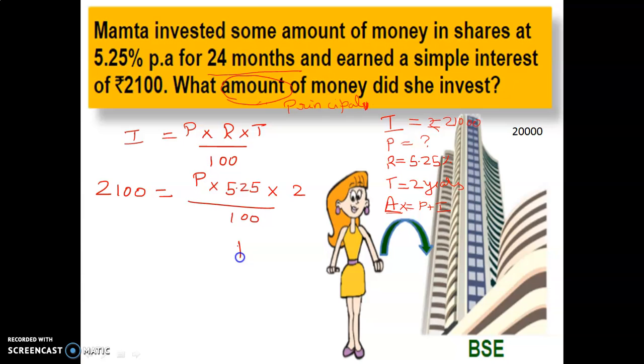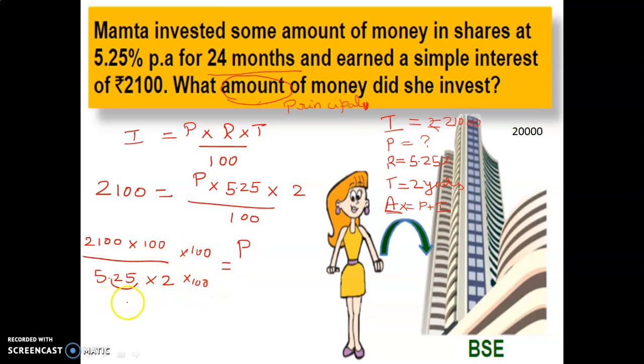So let me transpose all other numbers from this side to this side. 2,100 into 100 divided by 5.25 into 2. Okay, I am going to multiply again with one more 100 to shift this decimal point to this place. As I am doing it in the denominator, I do it in the numerator also.